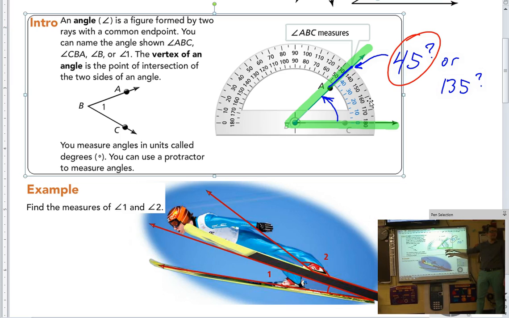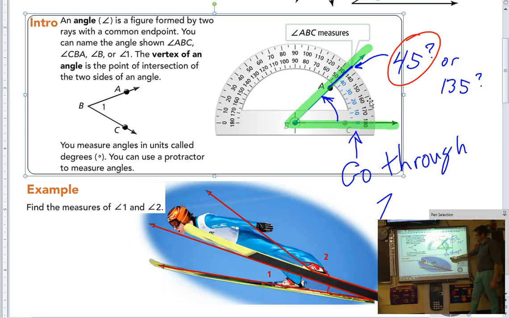Wherever my line is flat at the bottom, we look for where we go through 0. So where we go through 0, this tells me that this is the set of numbers that I use, and I ignore everything else since that was where I went through my 0.